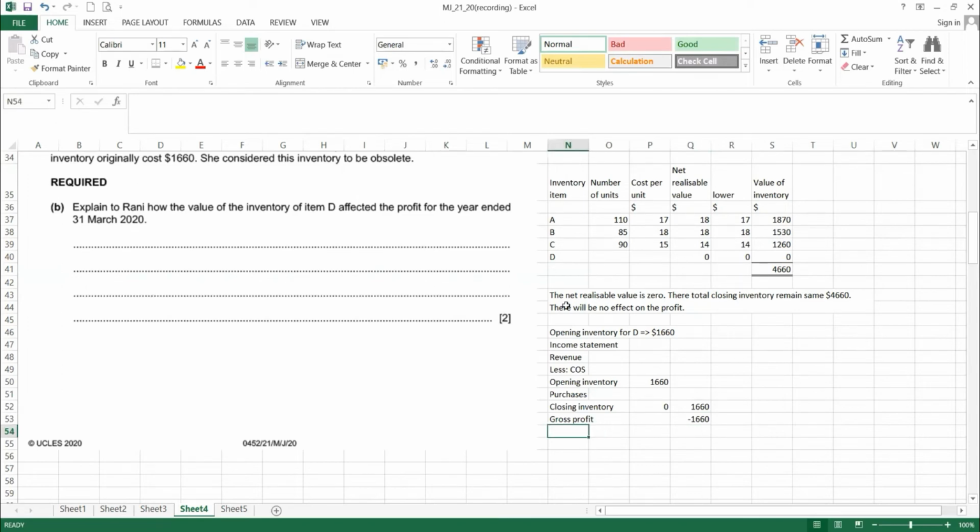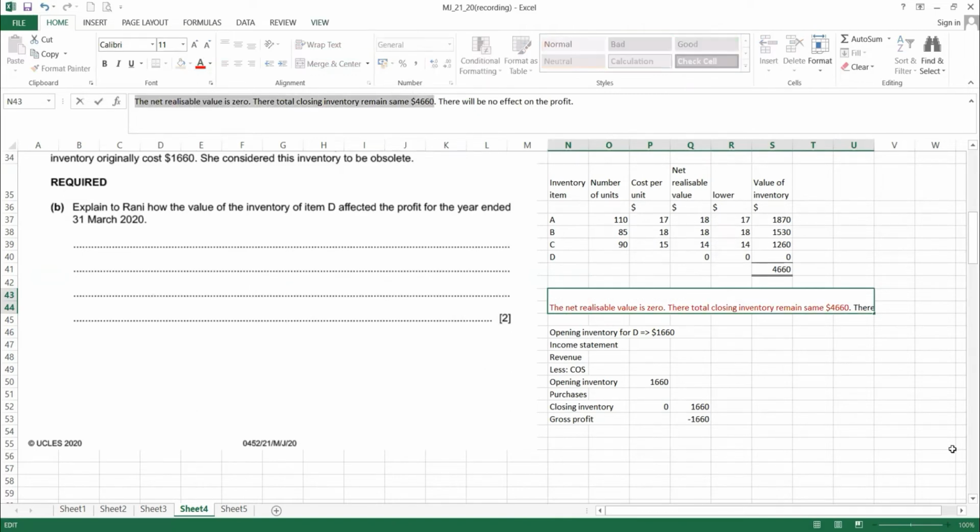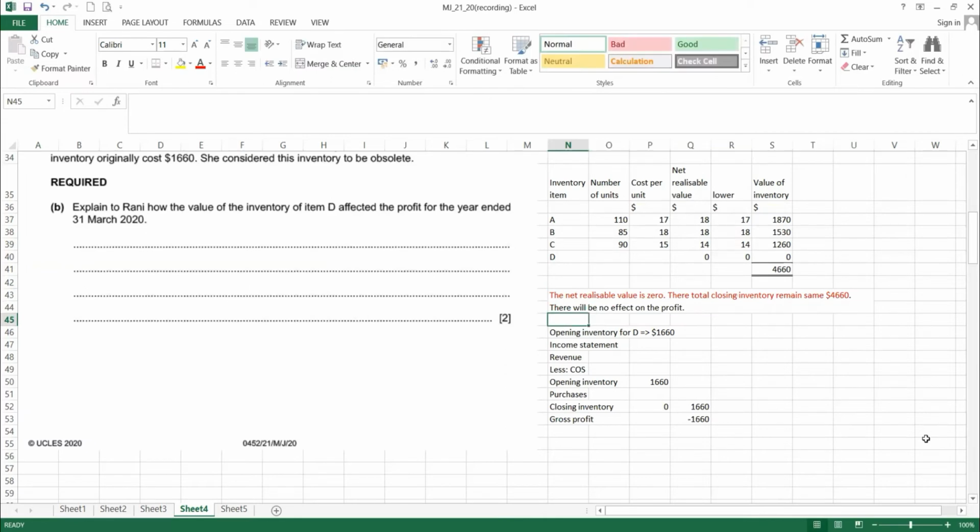So by right, on this answer, yes, I agree that the closing inventory still remains the same. But when it comes to the profit, the question is saying the profit.